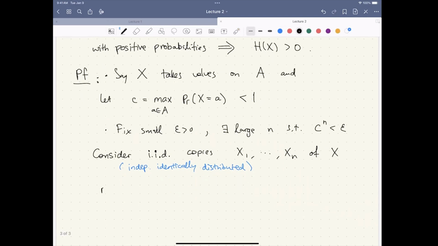So by definition, the maximum atom probability of this random vector X1 to Xn is at most equal to C to the n by independence, which is less than epsilon by our choice of n. Okay.